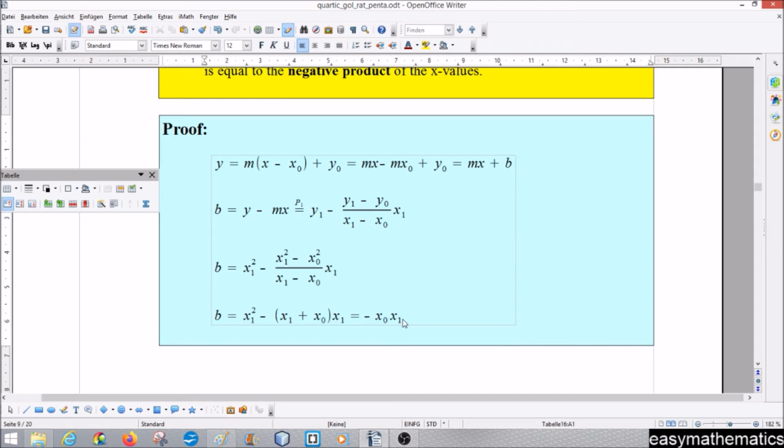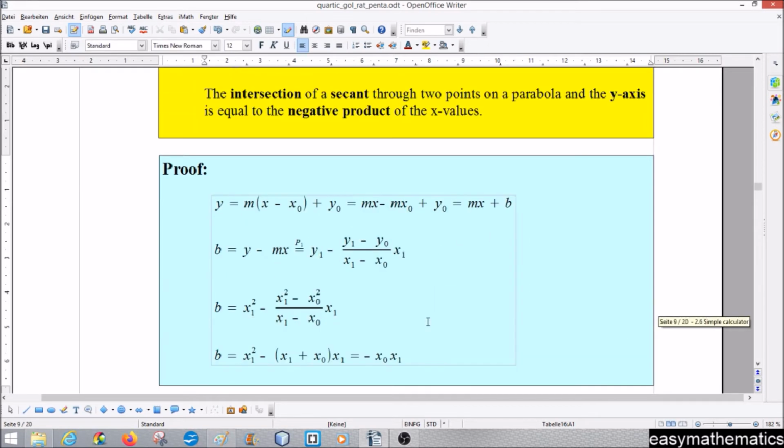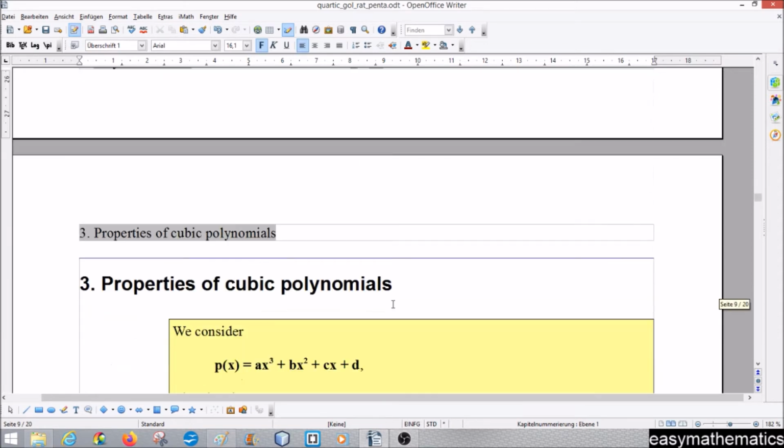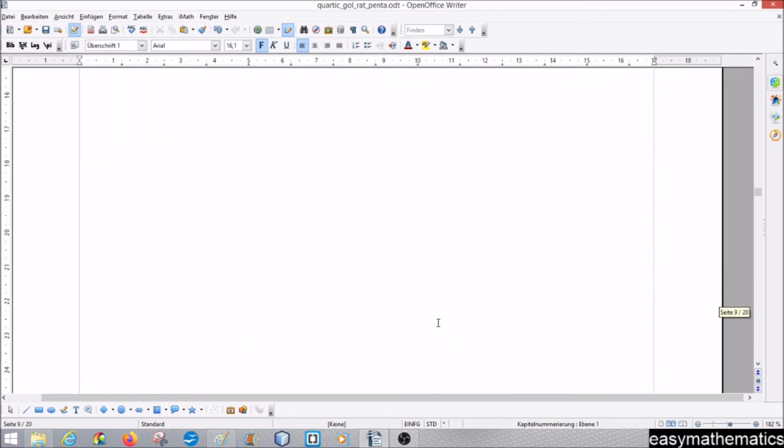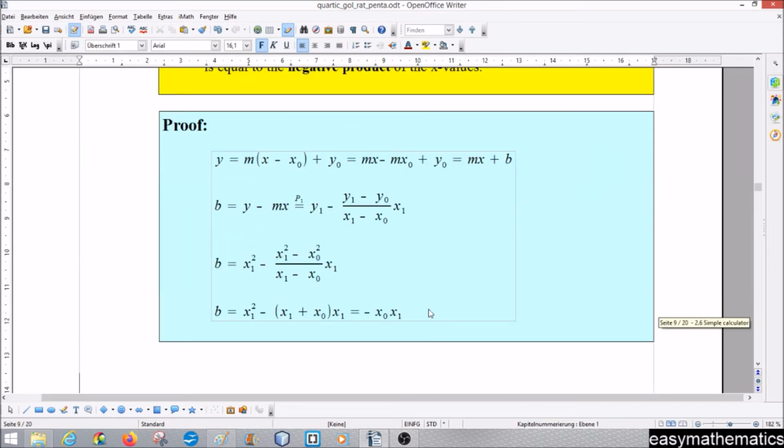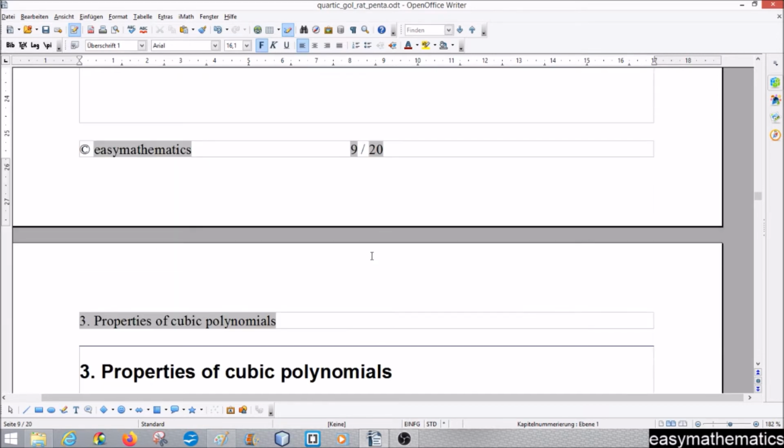So pause the video and make sure you understand all the details. Pretty nice result in my opinion, and we will see that we have something similar also for cubics. That's why I show this. And that's the end of the properties for our quadratic polynomial.